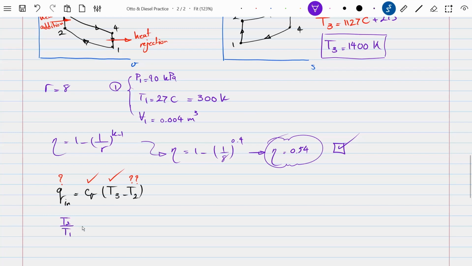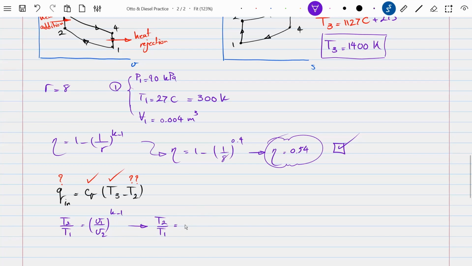T2 over T1 is equal to (V1 over V2) raised to k minus 1. V1 over V2 is the compression ratio, right?